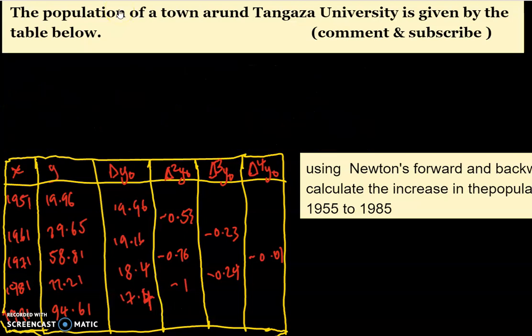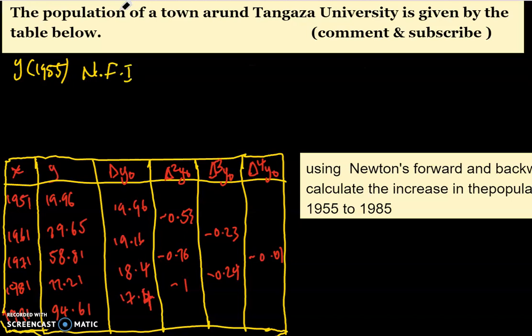So now for the first case, we need to find y at 1955. To do this, we need to use the Newton forward interpolation difference table.